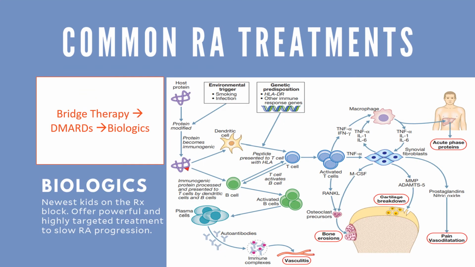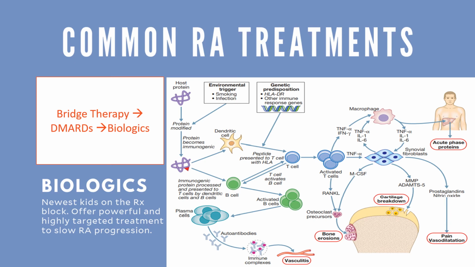Some of the other common rheumatoid arthritis treatments are known as biologics. If the DMARDs, those medications that I mentioned earlier, methotrexate, hydroxychloroquine, sulfasalazine, and leflunomide, fail, then the next set of medications to be used are called biologics. They are the fancy drugs in rheumatoid arthritis, and they prevent the progression of rheumatoid arthritis.